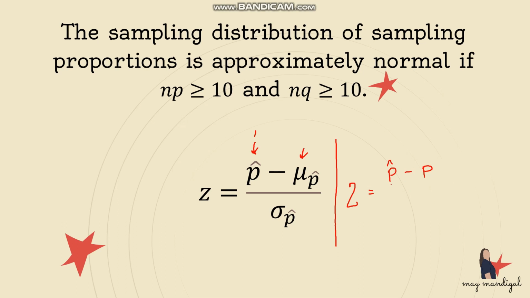All over the standard deviation, which is the square root of p times q all over n. So this is an alternative formula that we can use, so that we can go directly and substitute all of the values that we have.